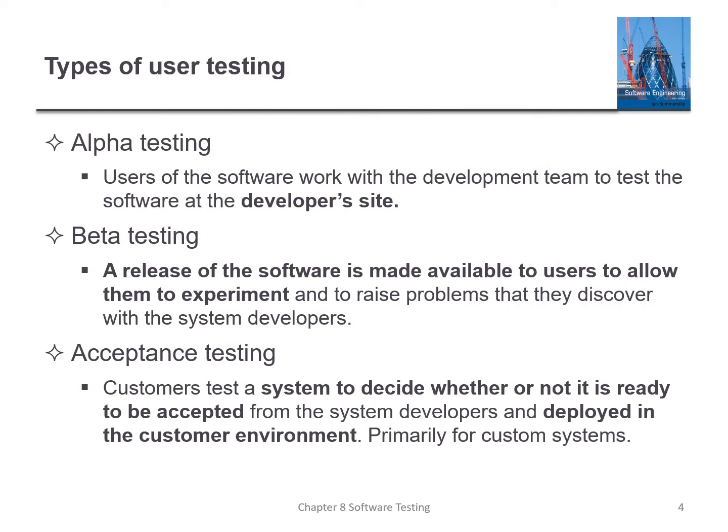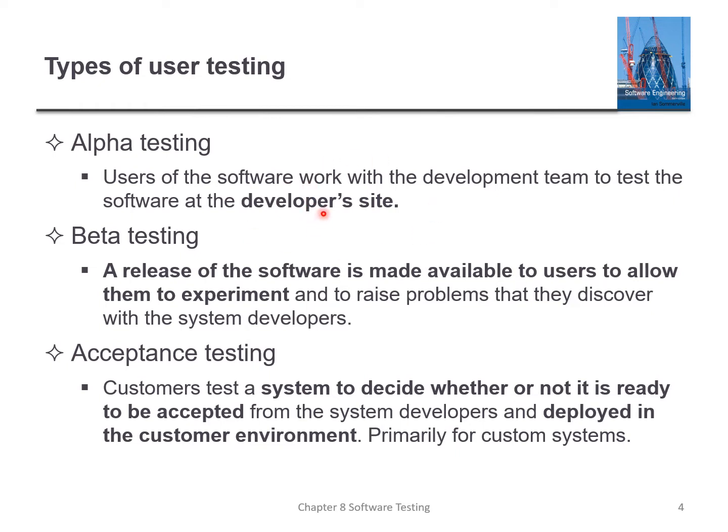There are several types of user testing: alpha, beta, and acceptance testing. Okay, when you hear the term alpha testing, what it means is that the user works together with the developer team at the developer side. So this is done during the development.